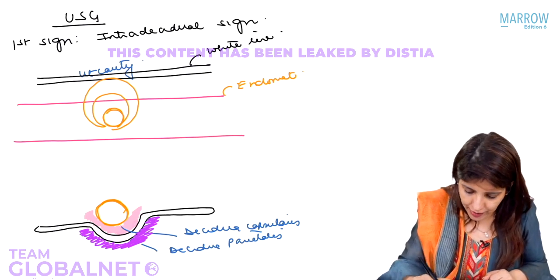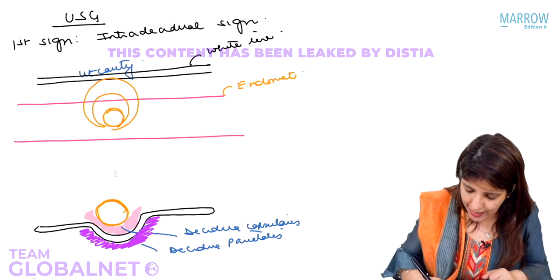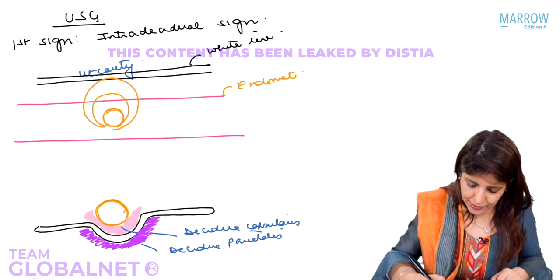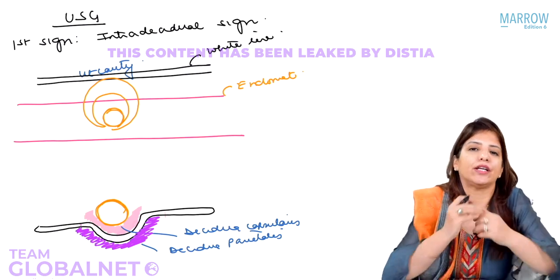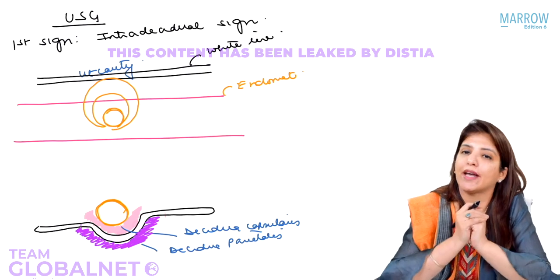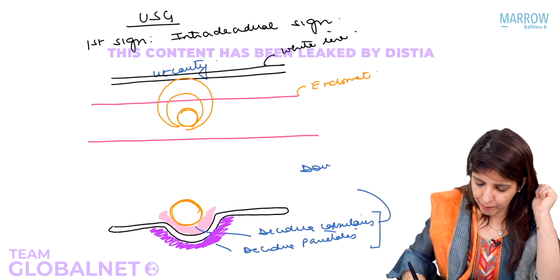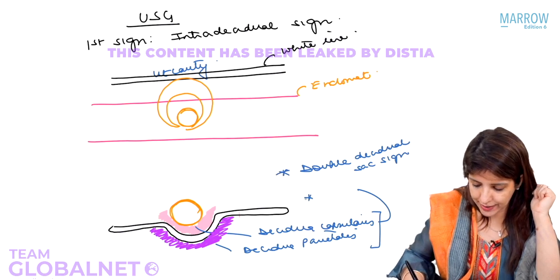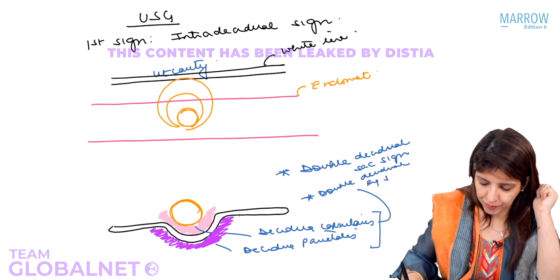There is an inner ring formed by decidua capsularis, and an outer ring formed by decidua parietalis. This is called the double decidual sac sign, or the double decidual ring sign.